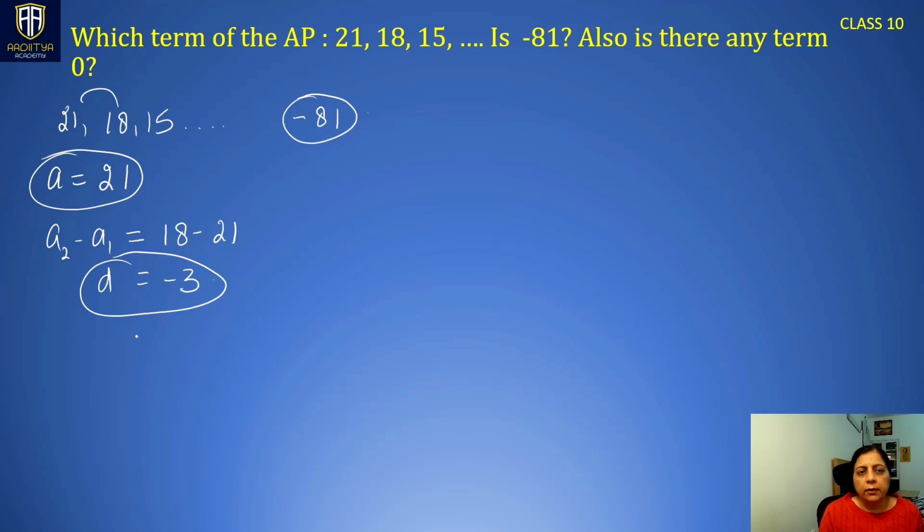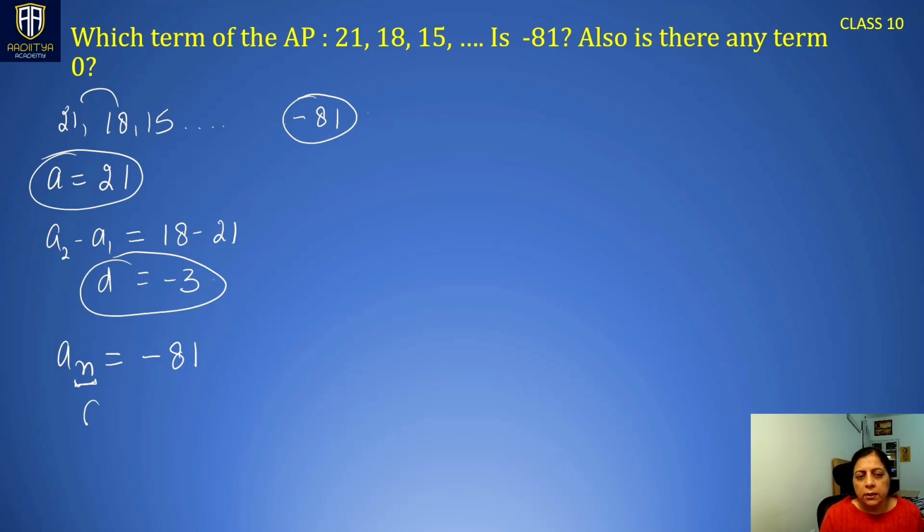A is 21 and d is minus 3. What you have to find here is at which number, that means the term number where we have minus 81 as the value. So the value of nth term is given to you, which is negative 81, and we have to find this n, at which number this value exists in this sequence. There is nothing different in this case.